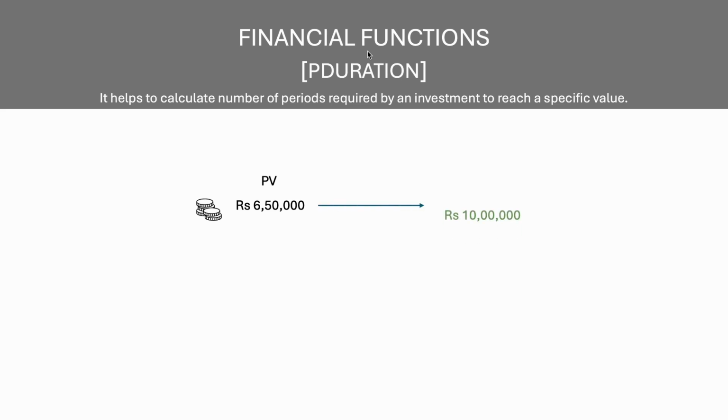This 10 lakh rupees is the future value, because right now he has 6,50,000 rupees and he's going to invest this amount in a safe instrument because he's a very risk averse person. He thought of investing this amount in a bank where he is expecting a rate of return of 7.5% per annum. So this 10 lakh rupees is the future value, and he's going to buy a car with this amount.